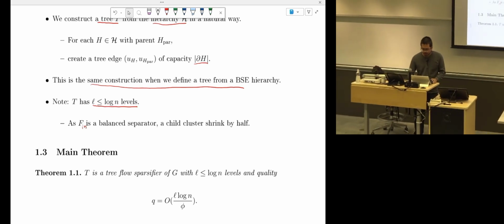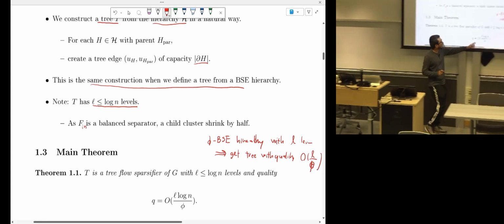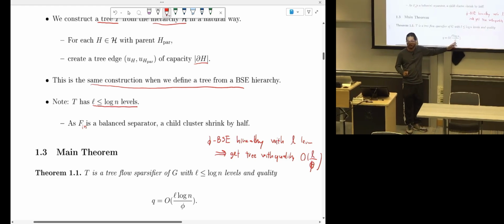If you contrast this with when we build it based on the BSE hierarchy with L levels, from that construction we get a tree with quality something like L over phi. But this one is like L log n over phi, a bit worse.